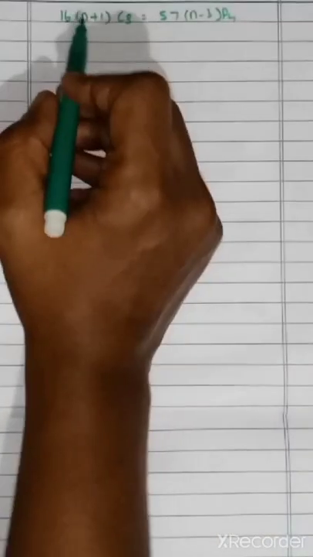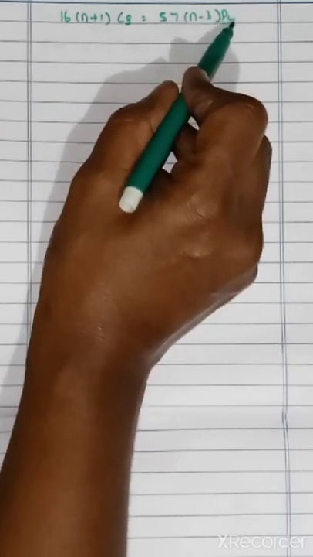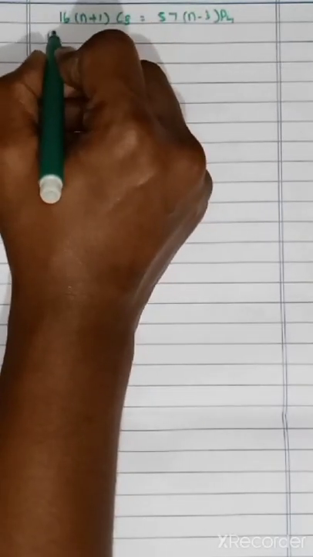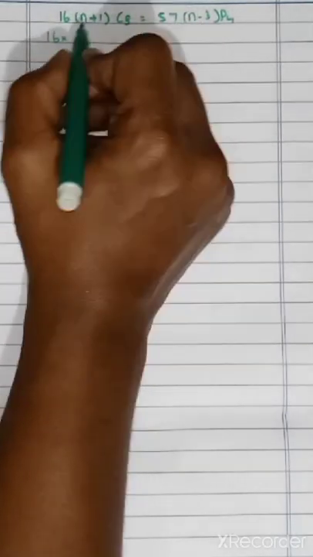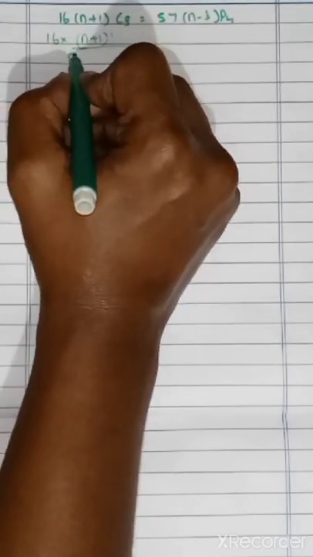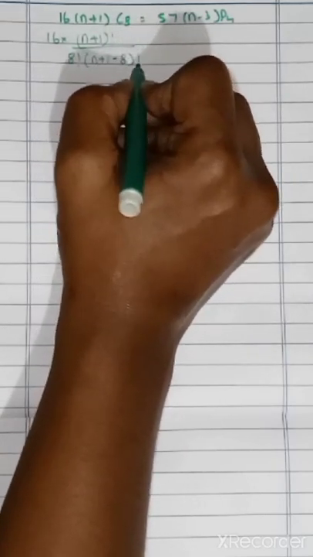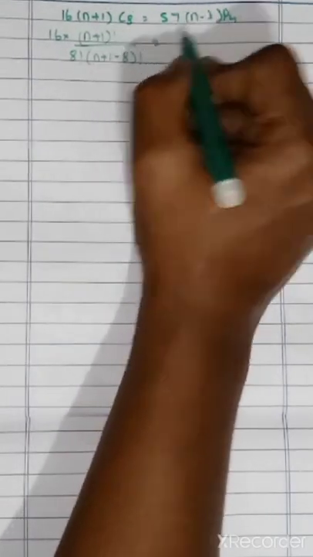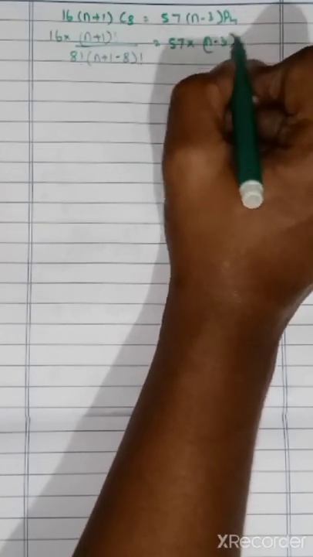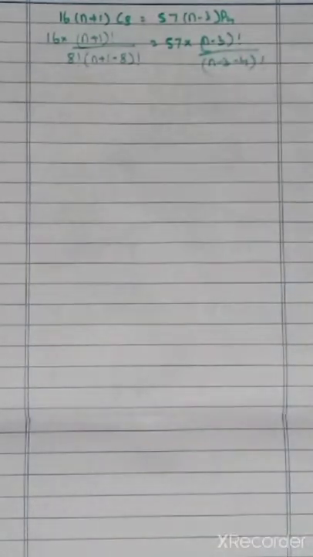So okay, now NCR, NPR formula we can use. Okay, now 16 into, what is the NCR formula? n plus 1 factorial by r factorial into n minus r factorial, which is equal to 57 into, this is the NPR formula, n factorial by n minus r factorial.